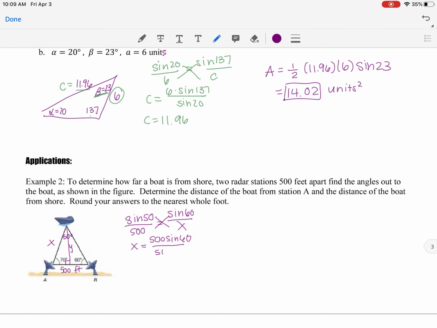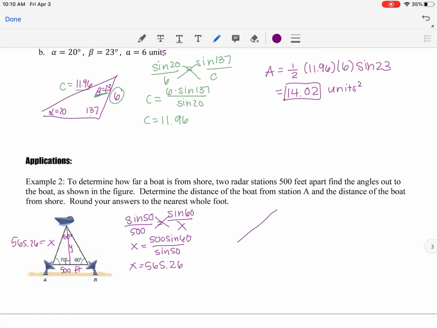Do your cross multiplying: x equals 500 sine of 60 all over sine of 50. When you type that in your calculator, and yes, you will want a decimal approximation, we end up with x equals 565.26. So that's the distance from the boat to station A.